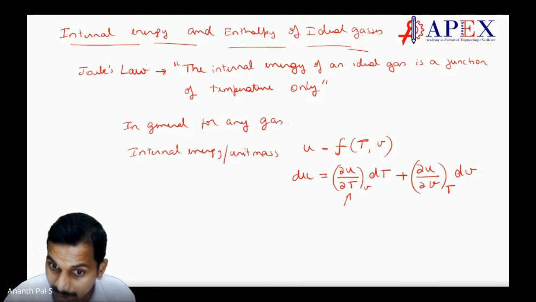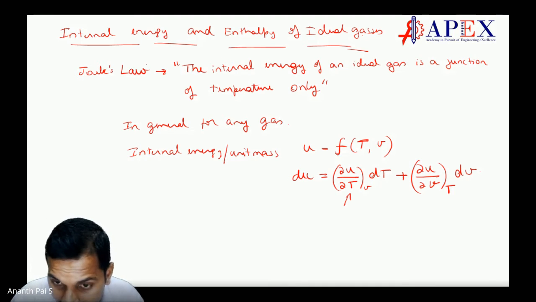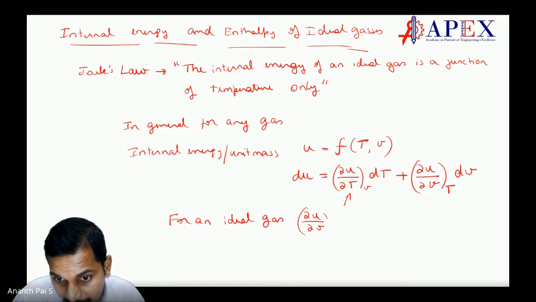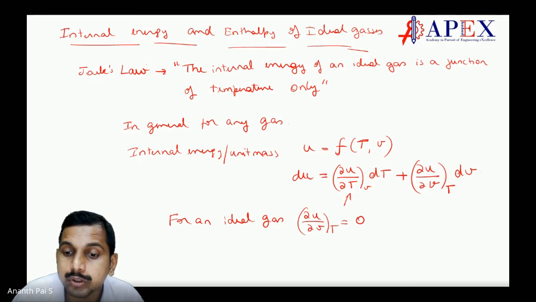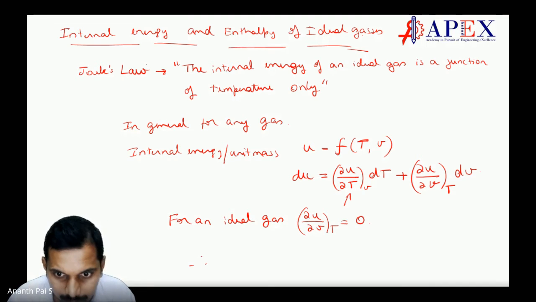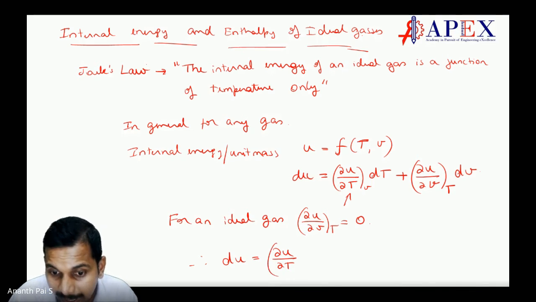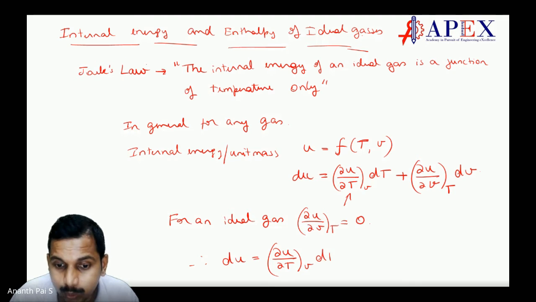dV. Here, for an ideal gas, dou u by dou V at constant temperature is equal to 0. Therefore, du is equal to dou u by dou T at constant specific volume into dT.